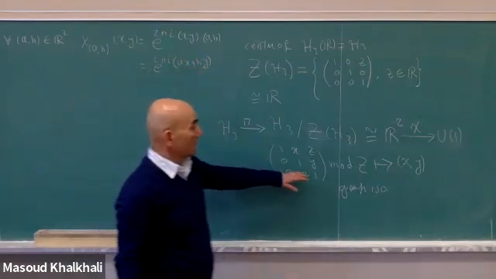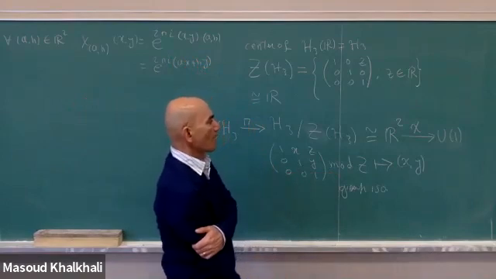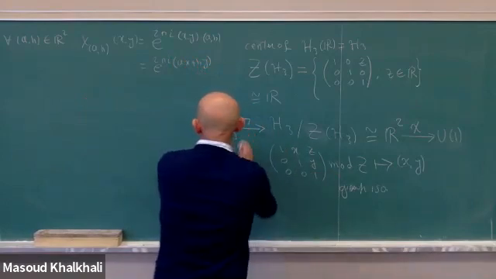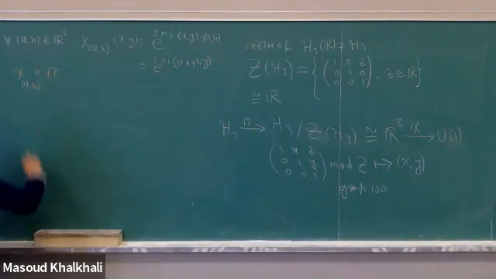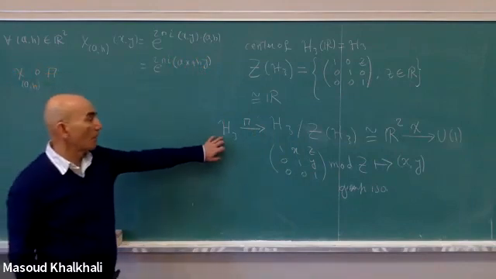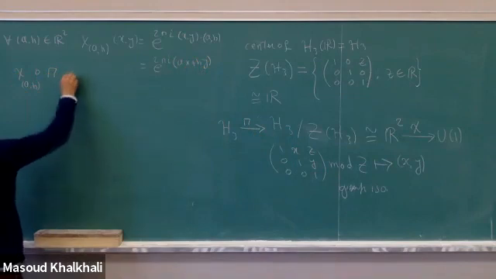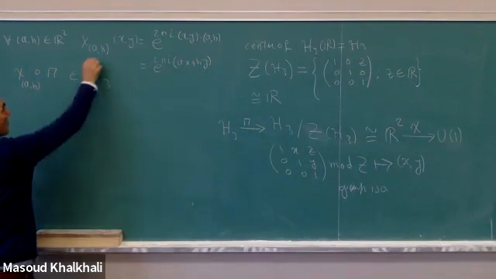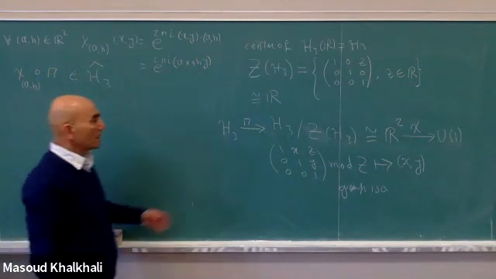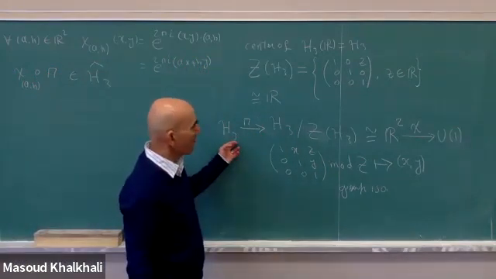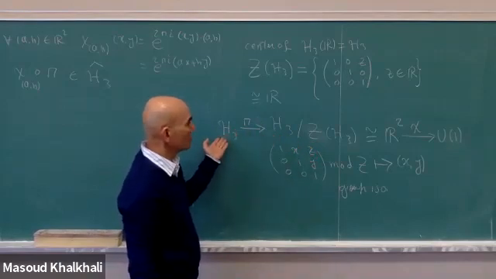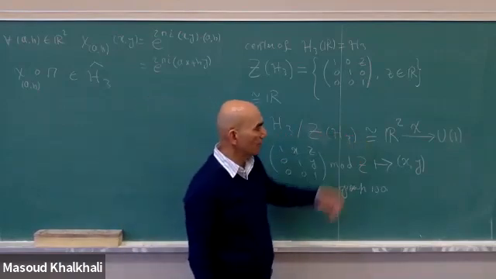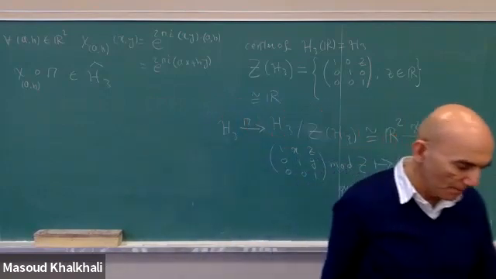And these are all the characters here. So you compose chi AB with pi, and that is a character of H3. Now you get lots of irreps because these are one-dimensional and they are distinct. So we get a lot of irreps of H3 by this easy construction.